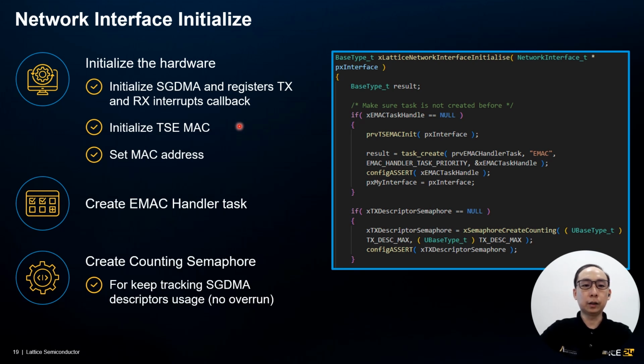Also initializing the TSE MAC and setting the MAC address. This API also creates the Ethernet MAC handler task that was described previously, and also the counting semaphore, which is used to keep track of the SGDMA descriptor usage so that descriptor overrun would not happen.